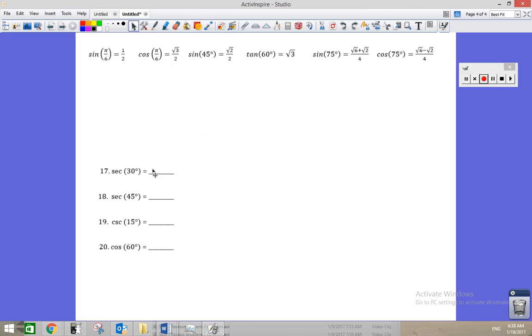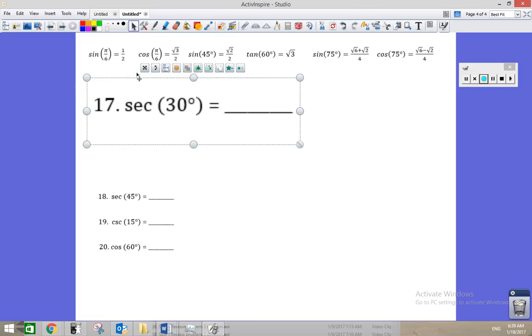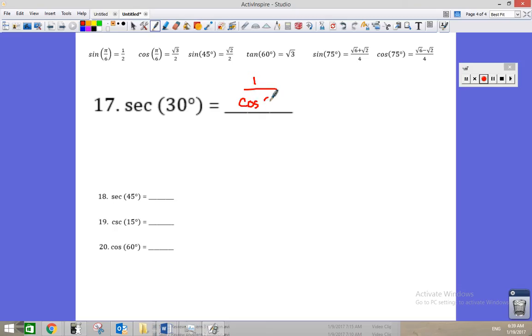So let's do secant of 30 degrees. I look through here, they don't give me the secant of 30 degrees. Do they give me the secant of pi over 6? I don't see it. In fact, I don't see any secants or cosecants here. So let's use our reciprocal relationship: secant of 30 degrees is 1 over the cosine of 30 degrees. I don't see the cosine of 30, but I do see the cosine of pi over 6, and 30 degrees is equivalent to pi over 6 radians.